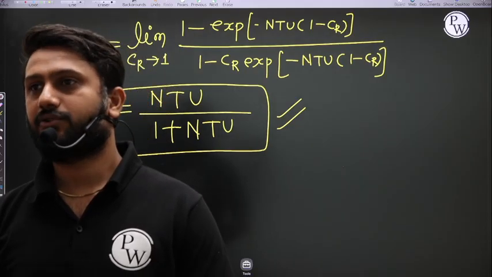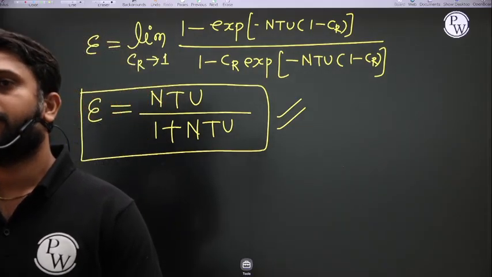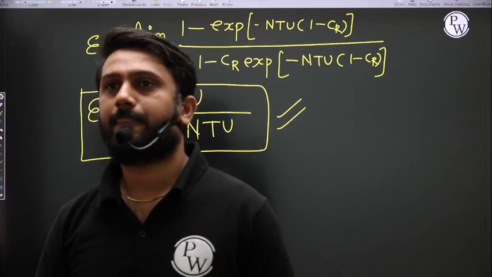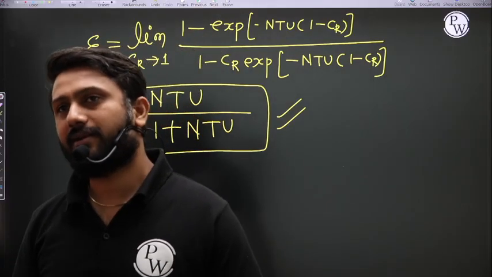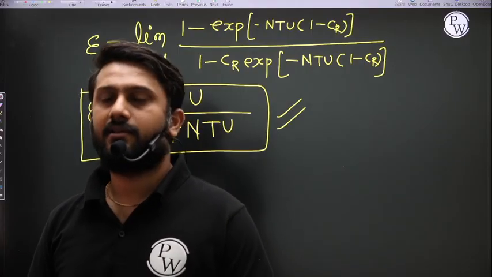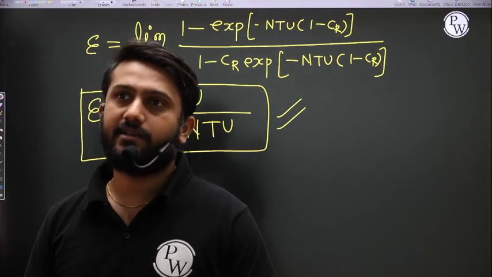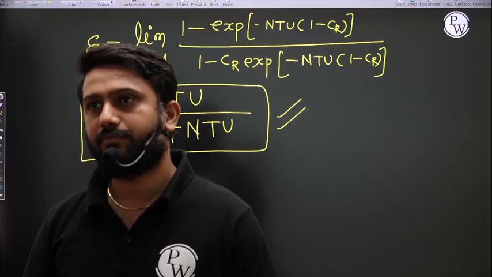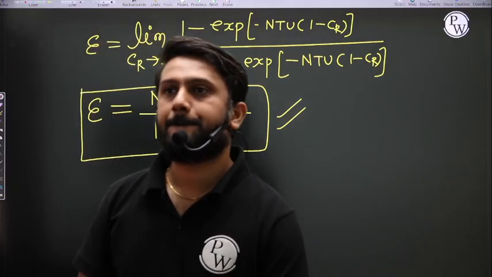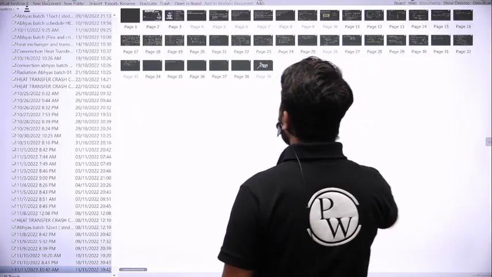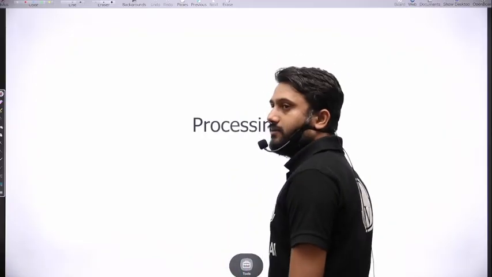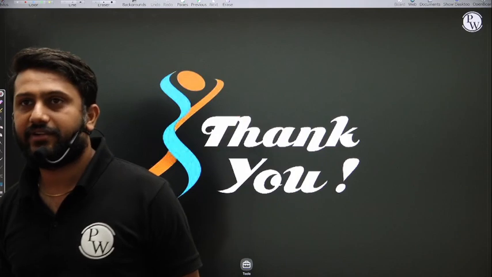Is it clear? So this is the effectiveness NTU method. In the effectiveness NTU method there are a number of mathematical formulas. You should remember these formulas, then you are able to solve the problem. I hope you can understand each and every topic of the heat exchanger.